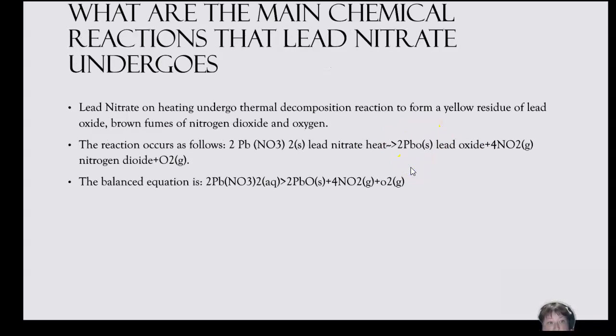What are the main chemical reactions that lead nitrate undergoes? Lead nitrate on heating undergoes thermal decomposition, reacting to form a yellow residue of lead oxide, brown fumes of nitrogen dioxide, and oxygen.